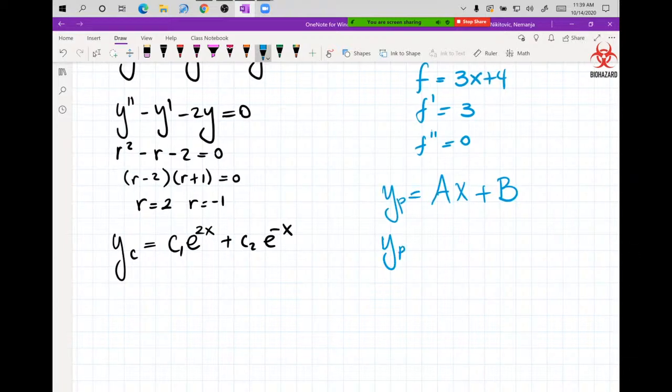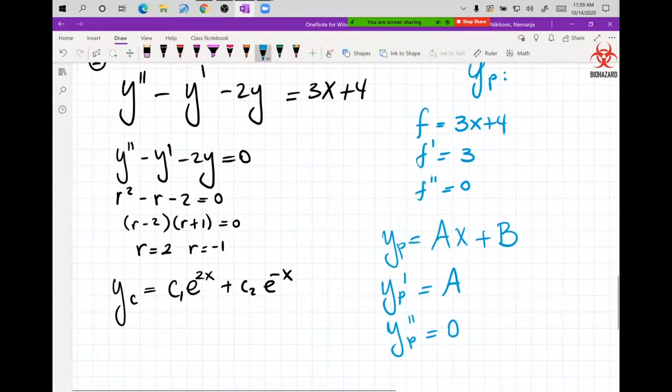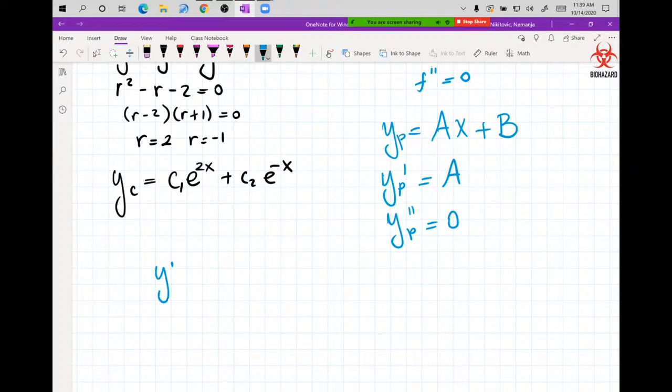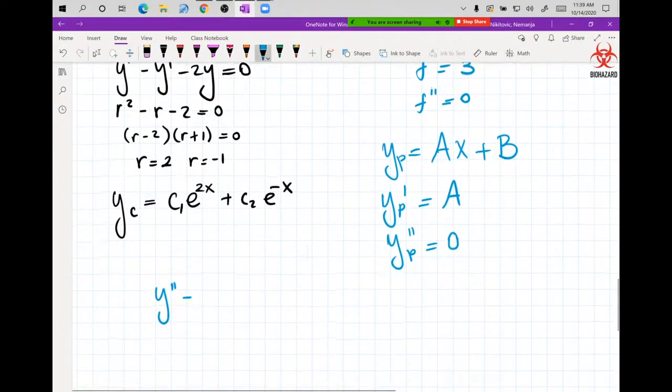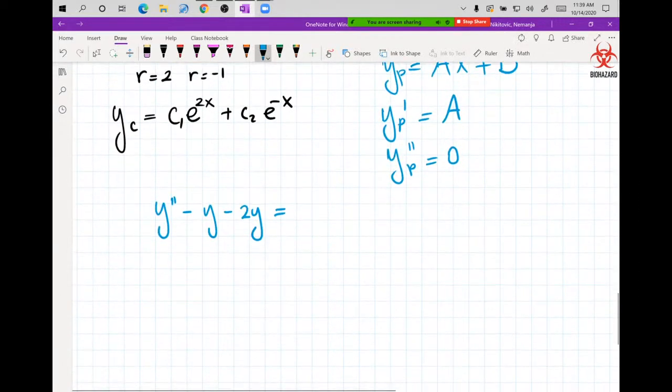So we have yp prime is going to be a, and yp double prime is just 0, which is okay. We plug those where they belong in the differential equation. So the differential equation is y double prime minus y minus 2y equal to 3x plus 4.